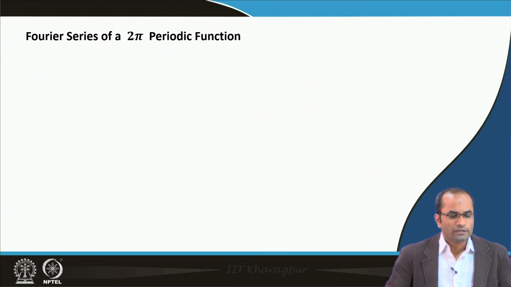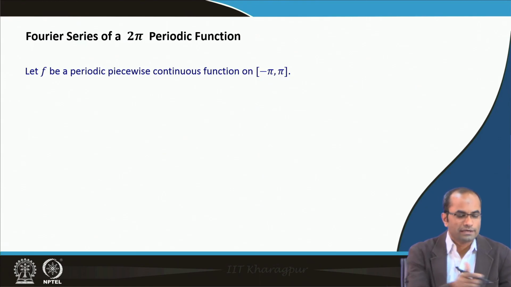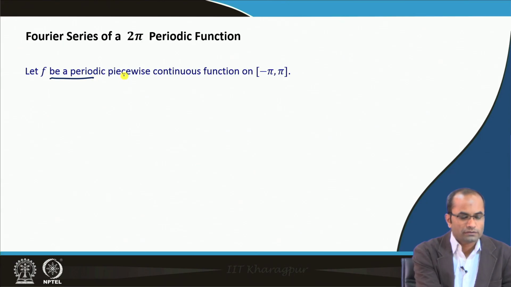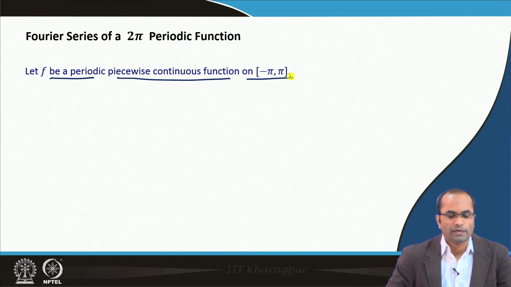So, just to recall the Fourier series of a 2 pi periodic function that we discussed in the previous lecture, suppose this f is a periodic piecewise continuous function on the interval minus pi to pi.